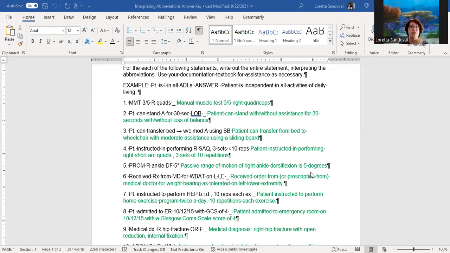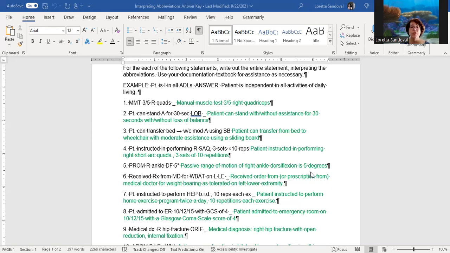Okay, number 8, patient admitted to the ER 10/12/15 with GCS of 4. So most people got that, that's the Glasgow Coma Scale, which is a way of telling people's level of consciousness. Admitted to the emergency room. I think ER is pretty well known, and most places say ED, emergency department. Most hospitals do.